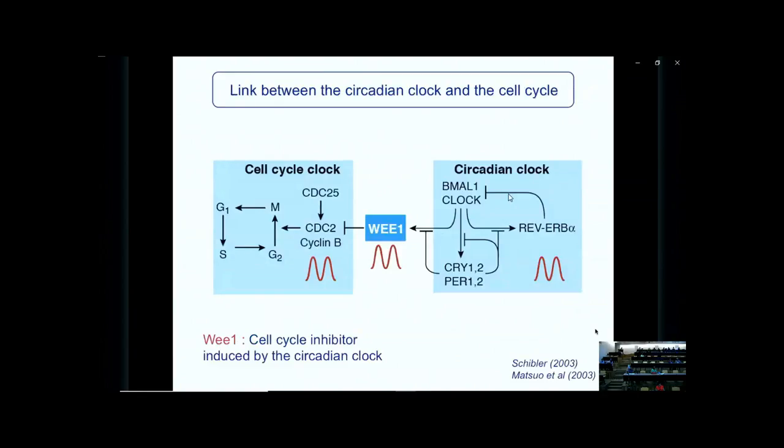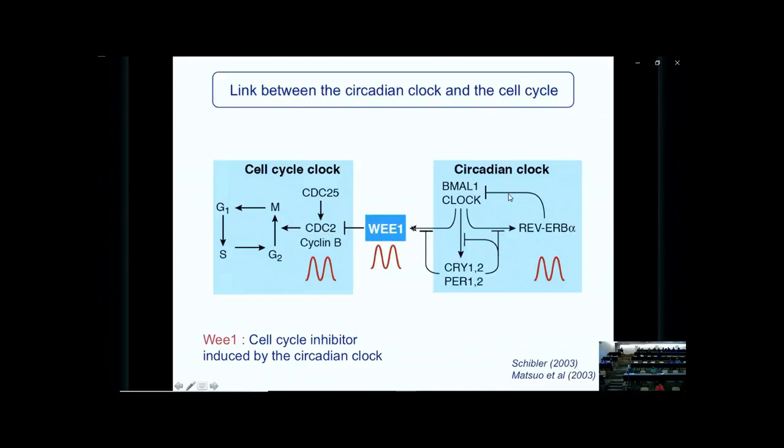Now, to conclude, there is a link between the circadian clock and the cell cycle. The first link which was discovered is that the circadian clock, which I discussed yesterday, with the transcriptional factors BMAL1 and CLOCK, induces the synthesis of WEE1, which is the kinase which inhibits CDK1, also known as CDC2.